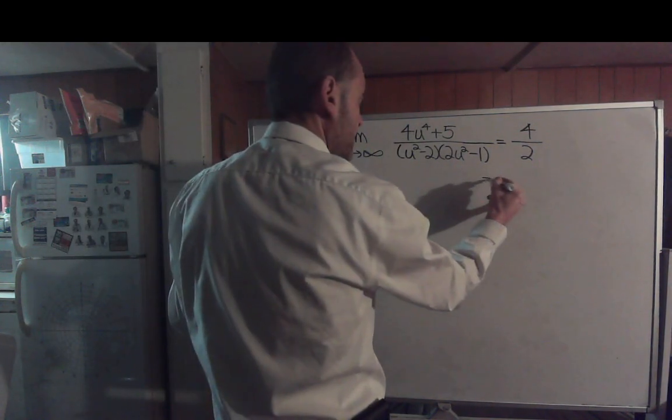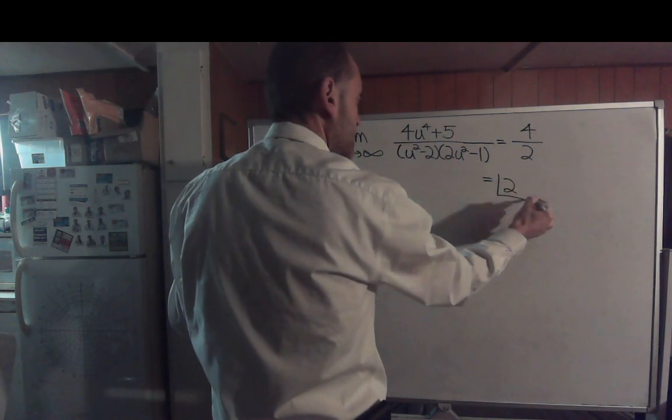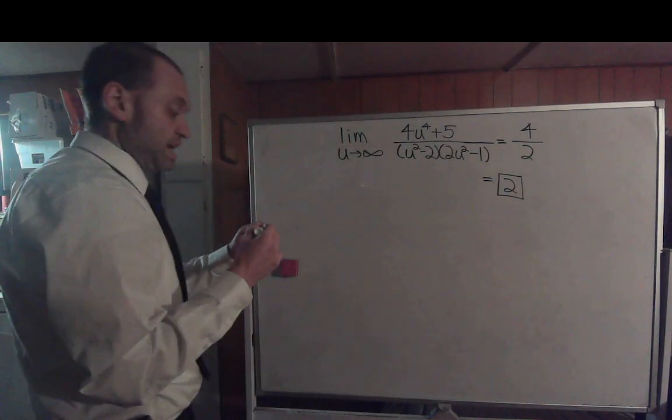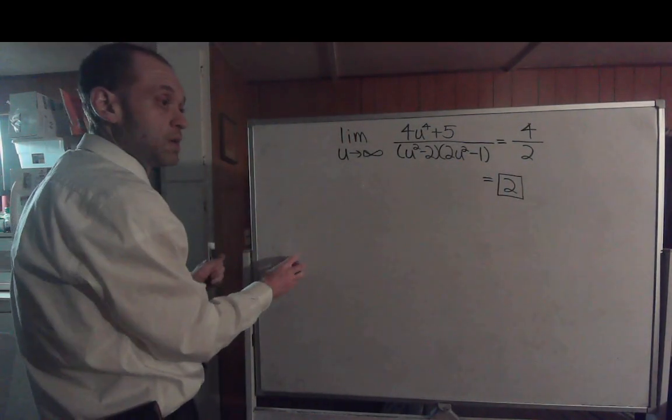Well, 4 divided by 2 is 2. So the limit in this case would end up being 2. So also look out for ones that are factored like that, because at first glance it may have looked like the degree of the numerator was higher than the denominator when it really wasn't.